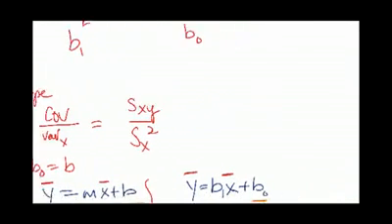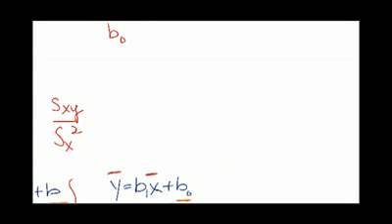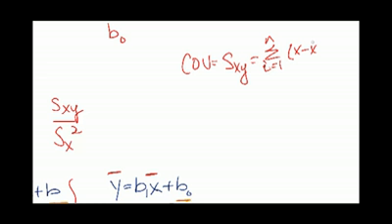Alright, so just in case you forgot some of these equations, the covariance equation: each data point minus the mean, or the average, for the x's, and the same thing with the y's.